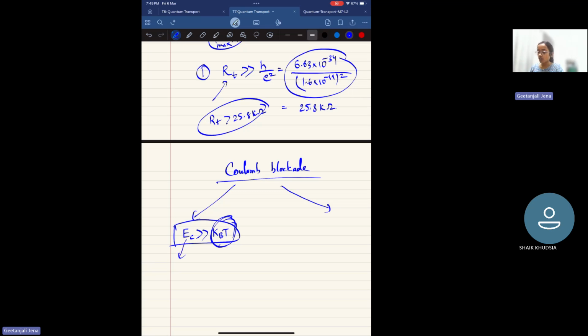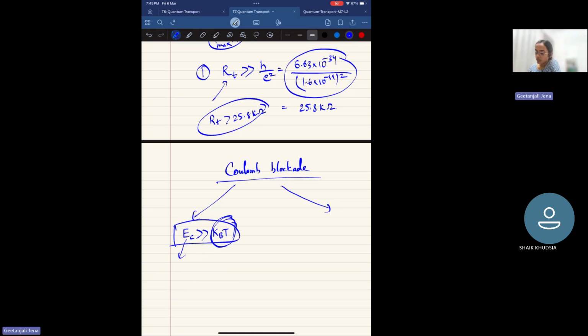If the temperature is not that low, what will happen? We'll see a broadening of this Coulomb oscillation because of the finite temperature.